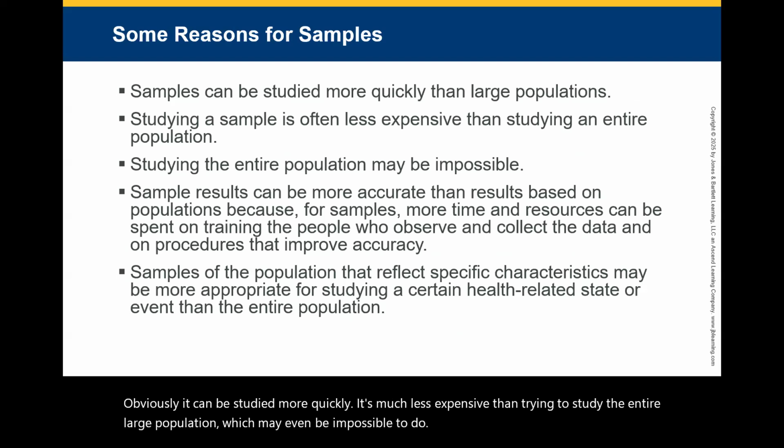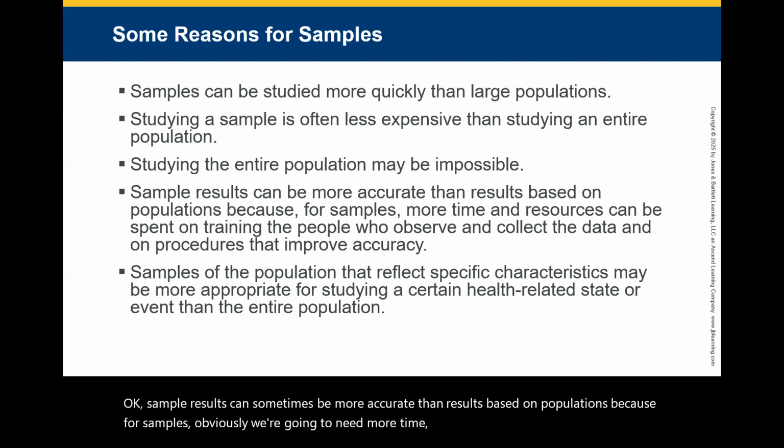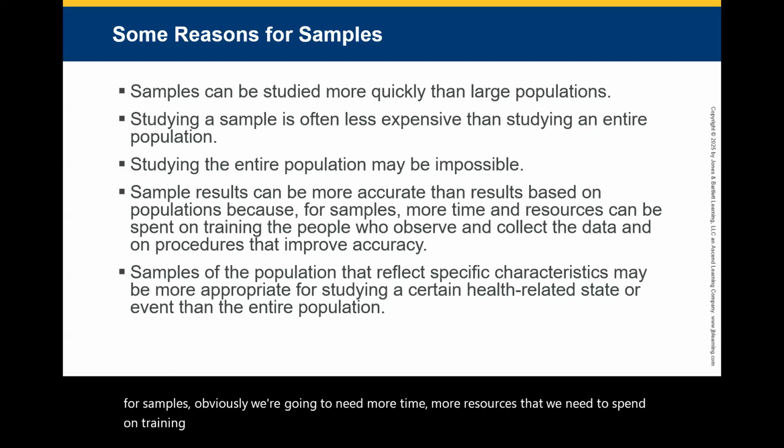Sample results can sometimes be more accurate than results based on populations because for samples, we can spend more time and more resources on training the people who observe and collect the data, and on all of these procedures that improve accuracy in our results.